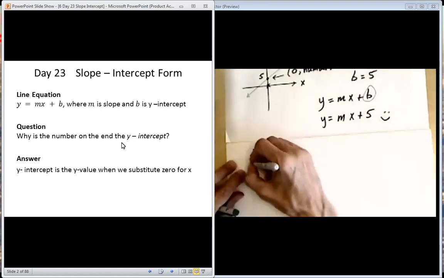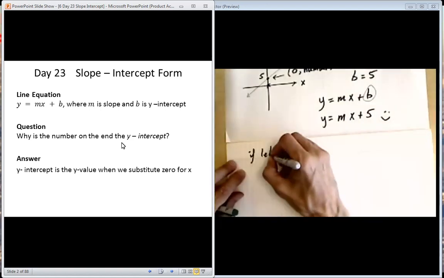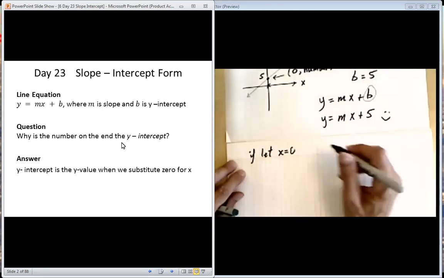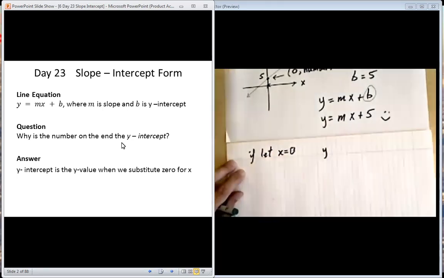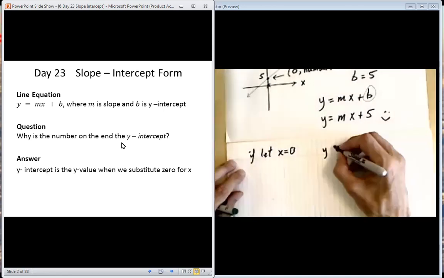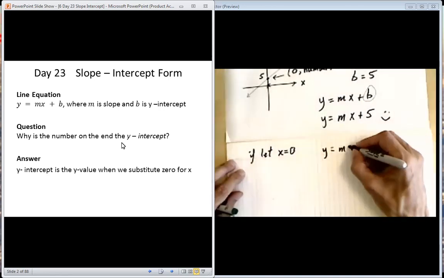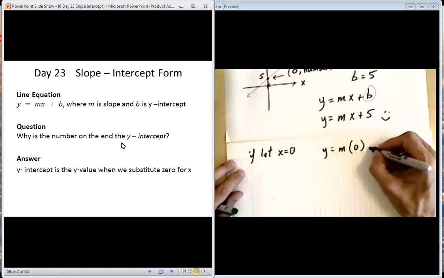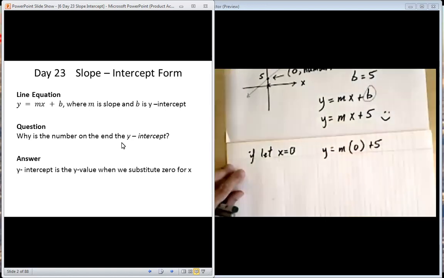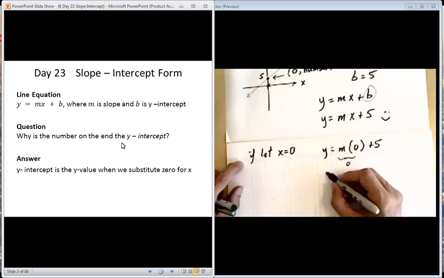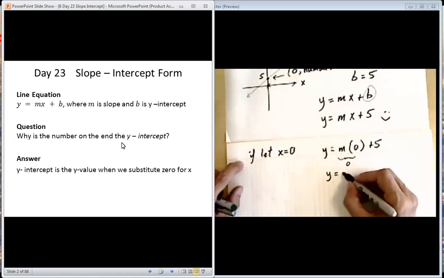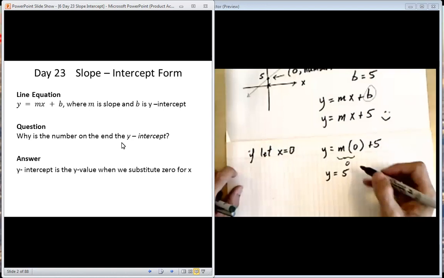If we let x equal 0, then we get y is equal to, just following it downwards, y is equal to m times 0 plus 5. So what's 0 times m? That will be 0. All right, and you get the y value of 5 happening there.